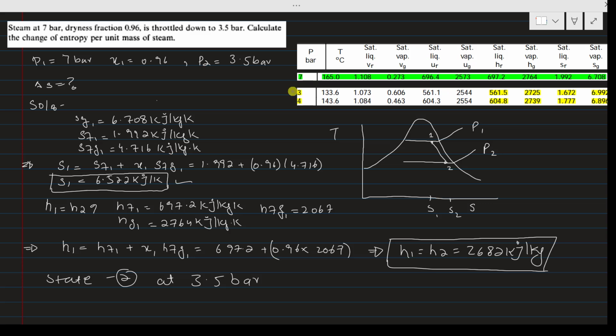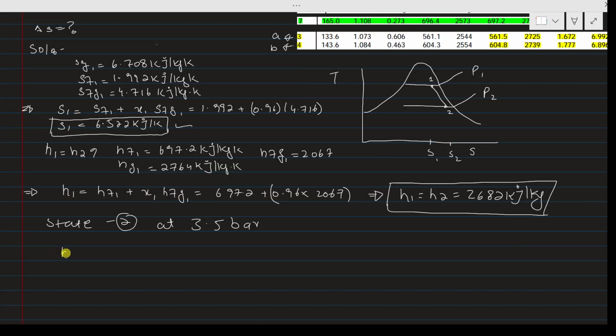We need to find Hg2 from the saturated steam table, so apply the interpolation formula: Hga plus Hgb minus Hga divided by Pb minus Pa, multiplied by P2 minus Pa.